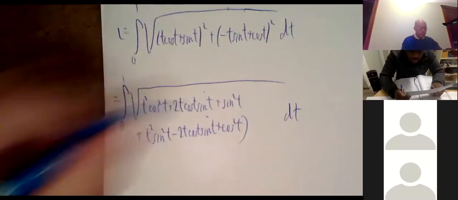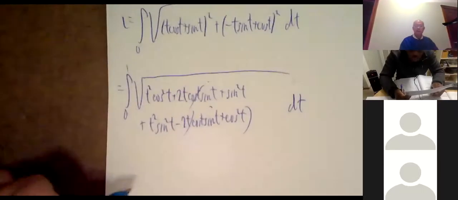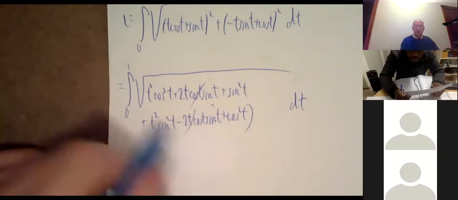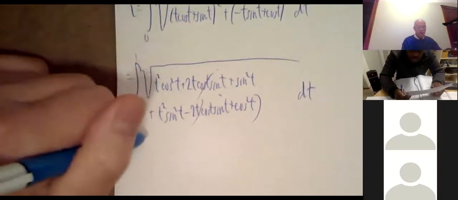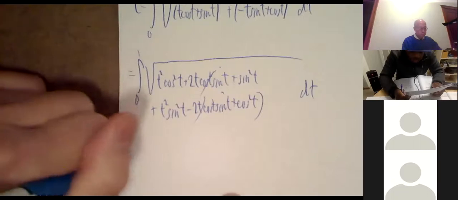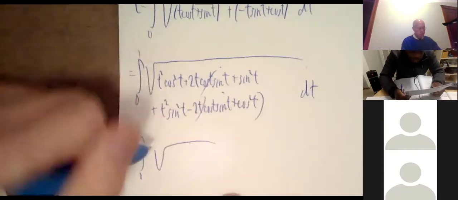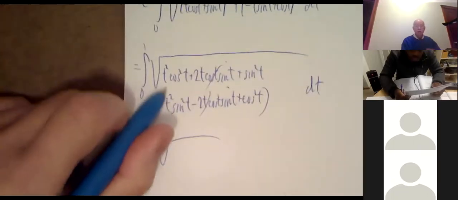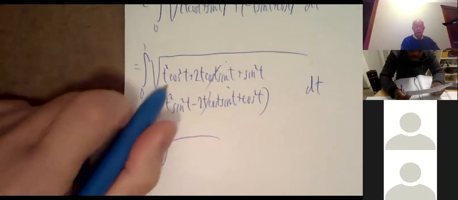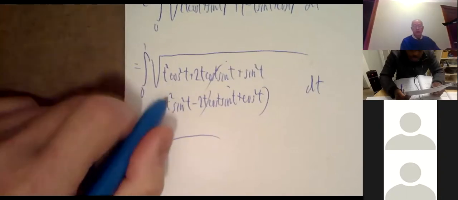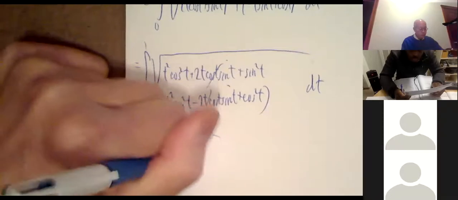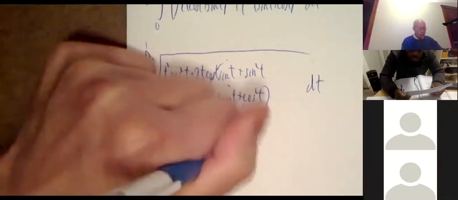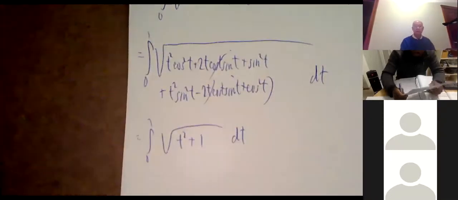These cancel out. This is t squared plus 1. t squared cosine squared plus t squared sine squared, if you factor out, you have t squared times cosine squared plus sine squared, so that's t squared, and this is 1, dt.